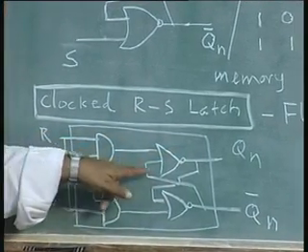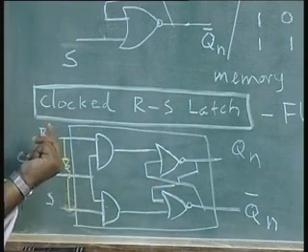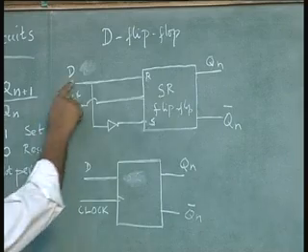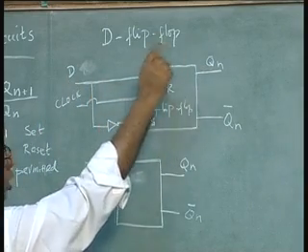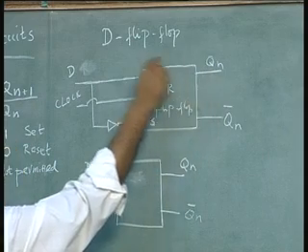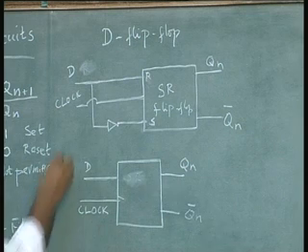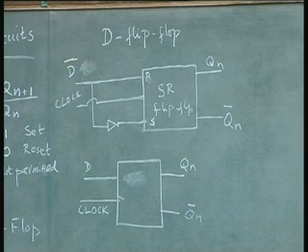So, I will store the complement of what I give as the input. So it is really not a D latch in the sense D gets through R, and output is, if R is 0, output is 1, if R is 1, output is 0. We do not like to call it a D latch, so strictly speaking we want to call it a D latch, D bar. How can we solve that problem?